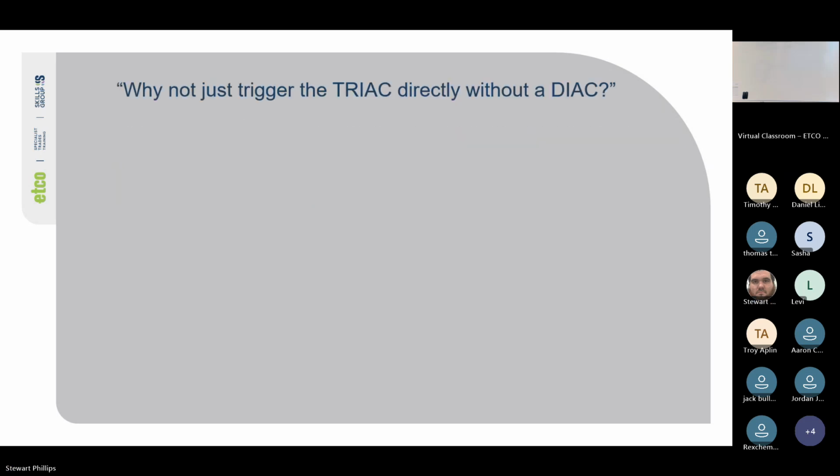So why not just trigger the triac directly without the diac? So why do we not just trigger the triac directly without using the diac?